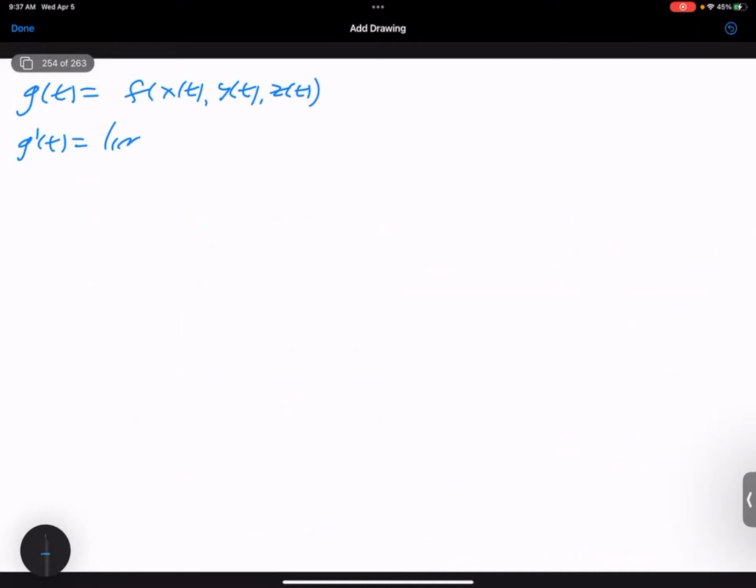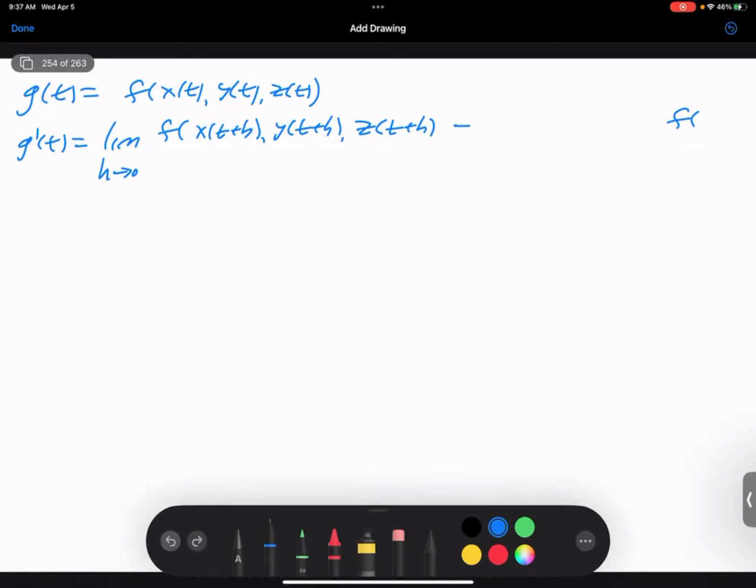That's going to be the limit as h goes to 0 of f of x of t plus h, y of t plus h, z of t plus h, minus f of x of t, y of t, z of t, over h. All right, so does everyone agree that this is what the derivative of g is going to be? So we want to figure out what's going on.